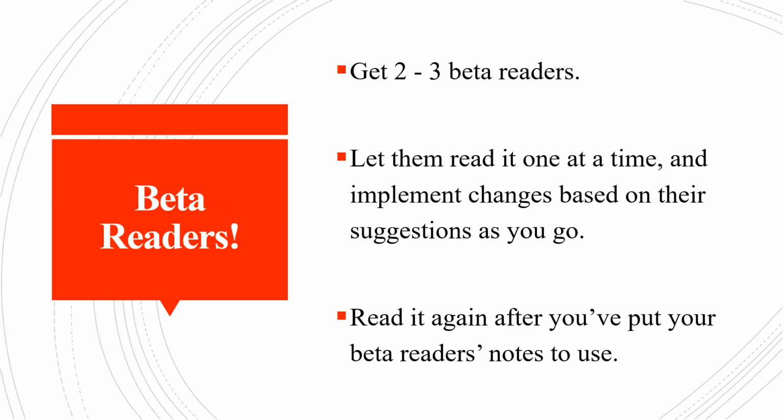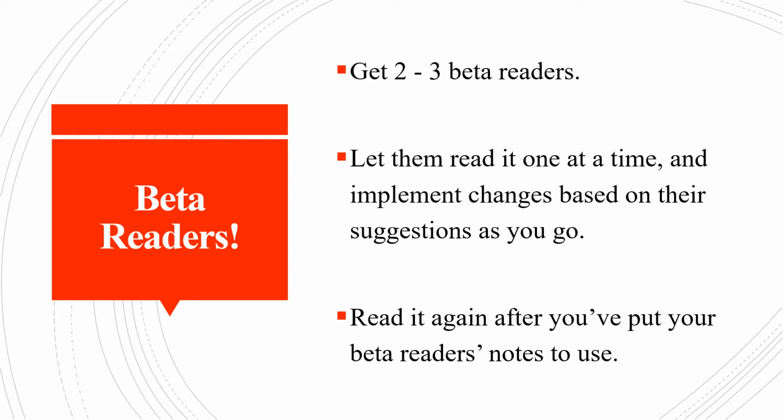My next tip is to get beta readers. A beta reader is someone who reads a work in progress from the beginning and gives you notes about the content, the characters, the plot, and anything that might need work. Get 2 to 3 beta readers. Let them read your manuscript one at a time so that you can implement changes based on their suggestions as you go.